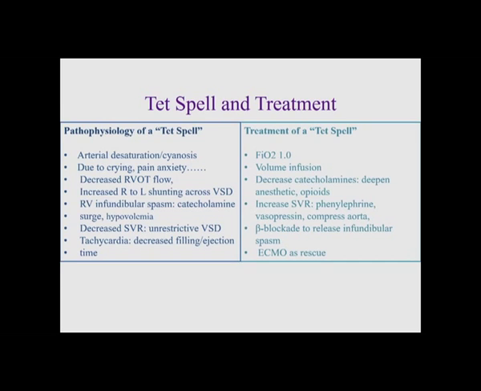Phenylephrine is the medication of choice to increase systemic vascular resistance, and a beta blocker is sometimes used for the infundibular spasm. And ECMO would be the last resort in these children if you cannot break the Tet spell.